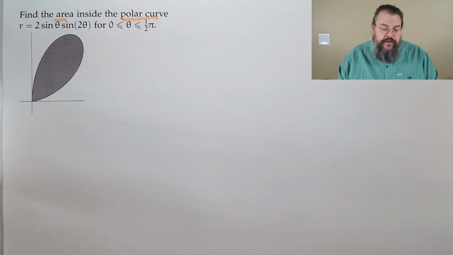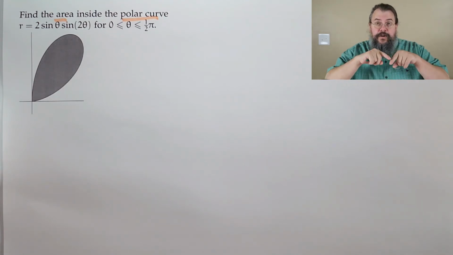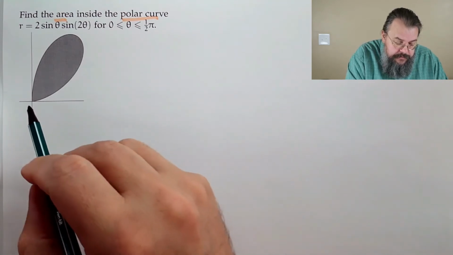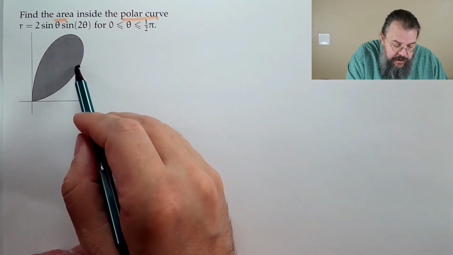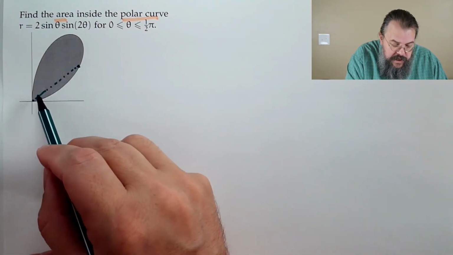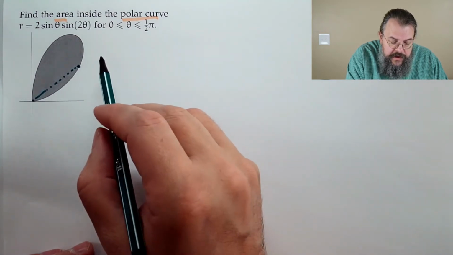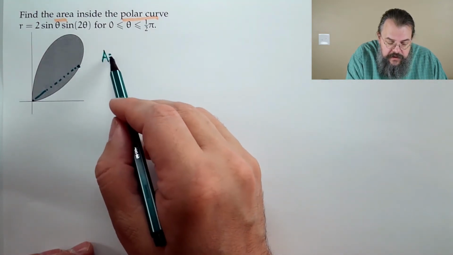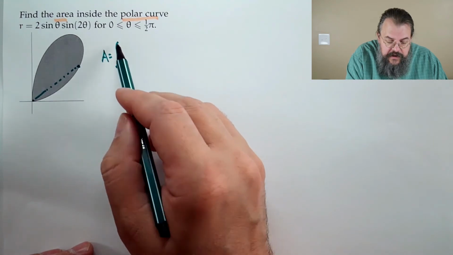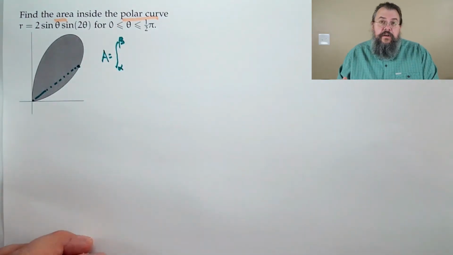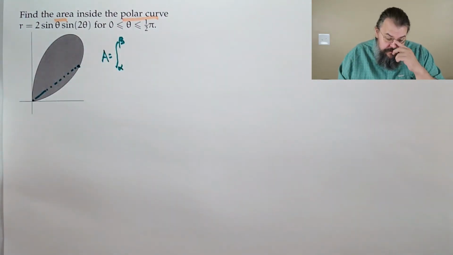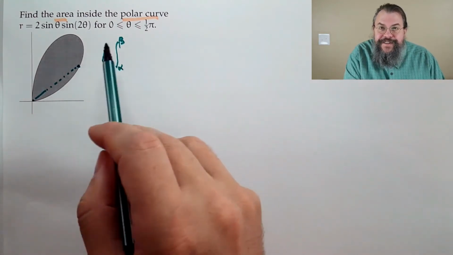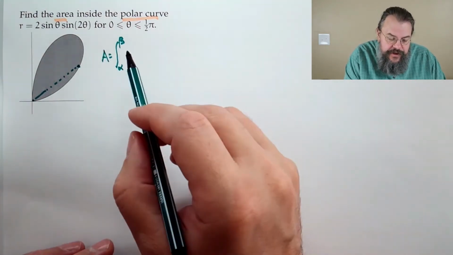And remember the basic idea, especially because we're going from the curve all the way back to the origin, we say, what's happening? Well, the area is you go from your starting to your stopping. In this case, you go from angles. The good news is we actually know the angles. It tells us 0 to pi over 2.